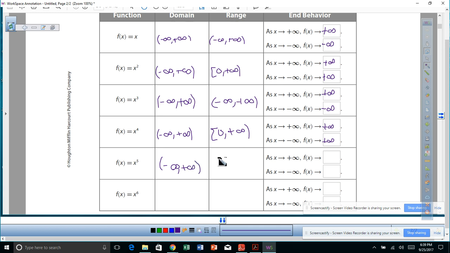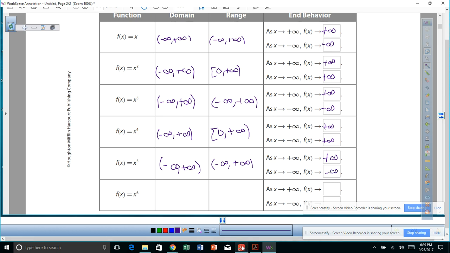And then the range is going to be, again, negative infinity to positive infinity. And the end behavior: as x approaches positive infinity, f of x approaches positive infinity. And as x approaches negative infinity, f of x approaches negative infinity.